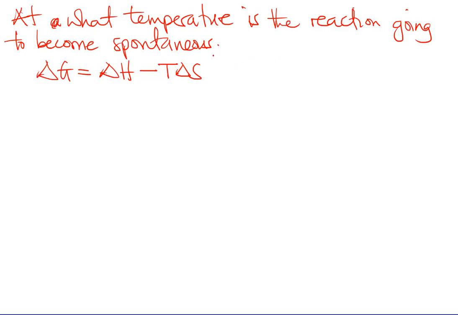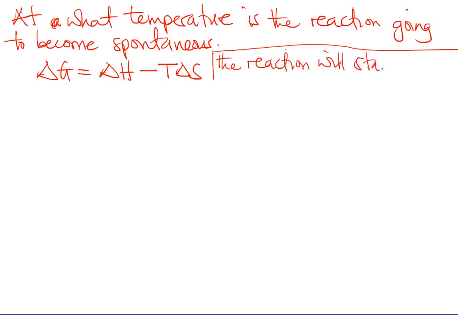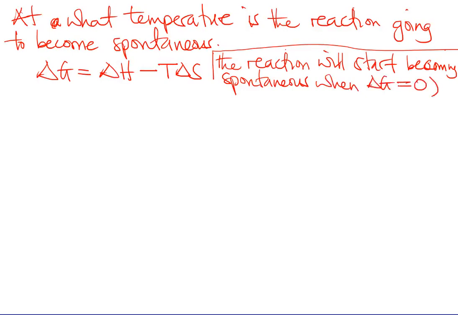So, the reaction will start becoming spontaneous when delta G will be equal to 0.